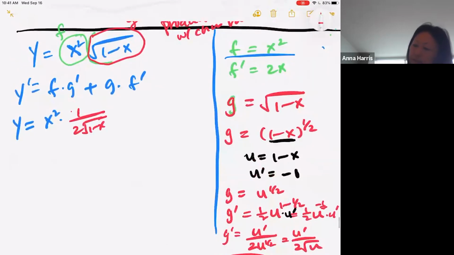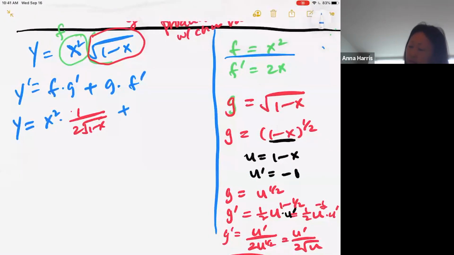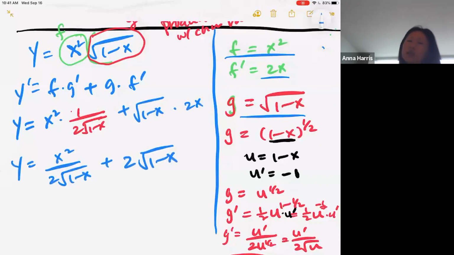Plus my g right here, and f prime is 2x. So I have y prime is equal to x squared over 2 square root of 1 minus x plus 2x times square root of 1 minus x.